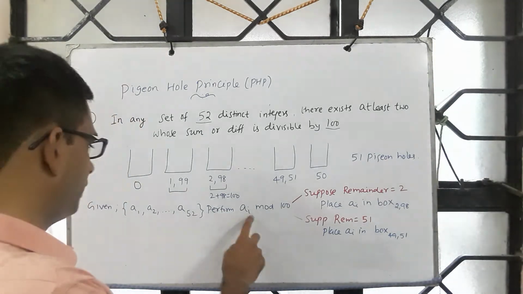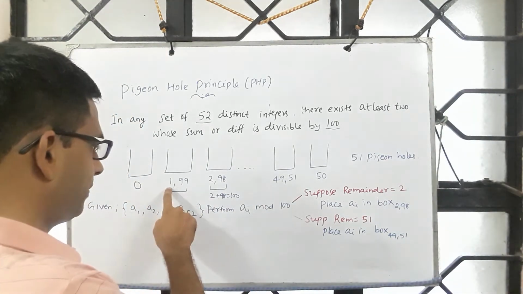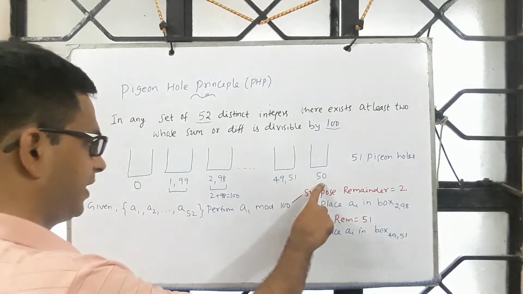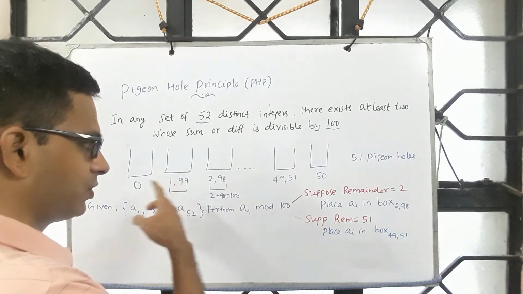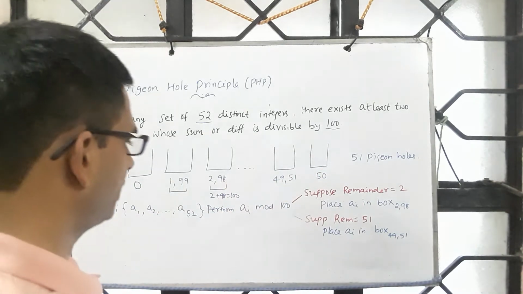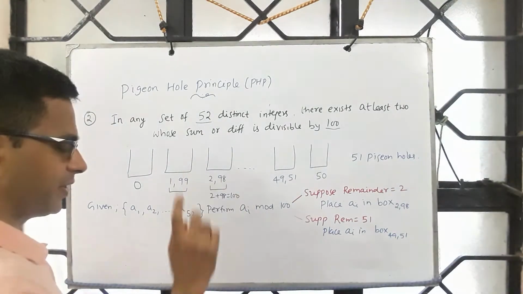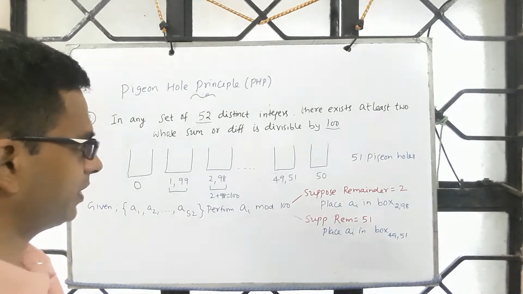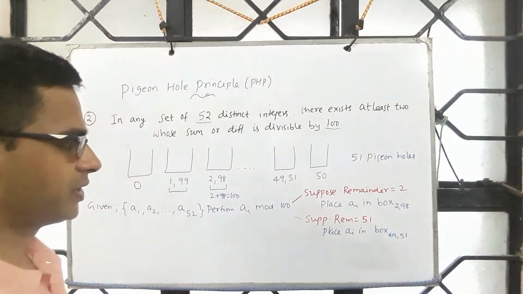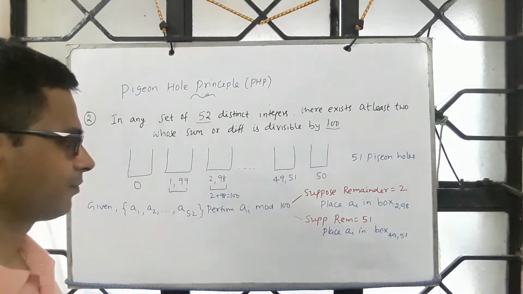If the remainder is 0, place them here. Remainder is 1, place them here. Remainder is 51, place them here. 50, place it here. And so like that, if it is 52, 48, 52. And if it is 97, 3 comma 97.